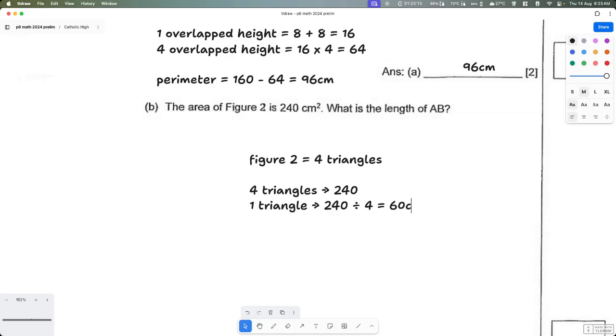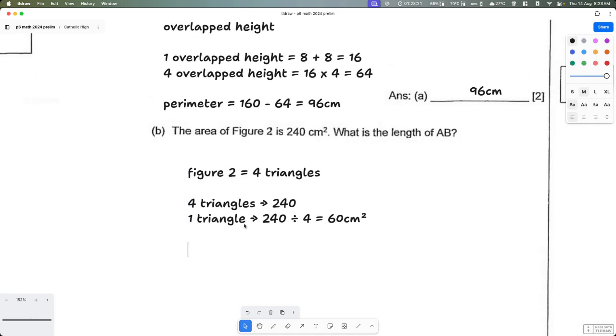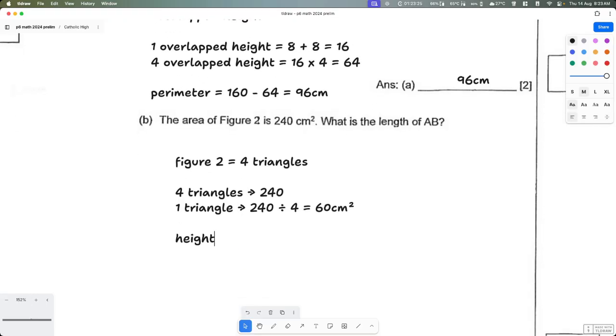This will give us 60 centimeters square. So with one triangle of 60 centimeters square, to get the height, area divided by base.